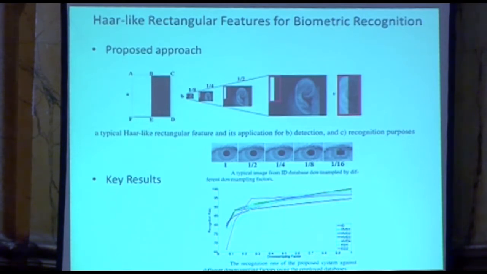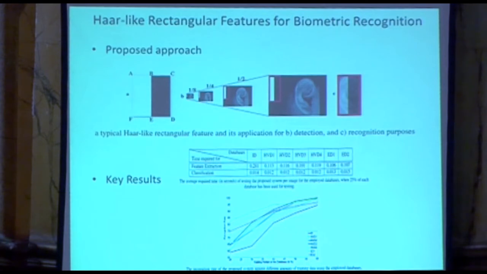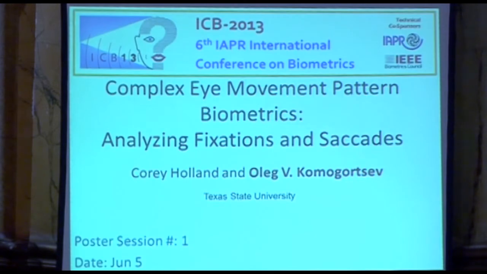We have also done a test on the speed of the system, and the degradation of the performance when the number of training samples is reduced, for different levels of training samples, is also illustrated.